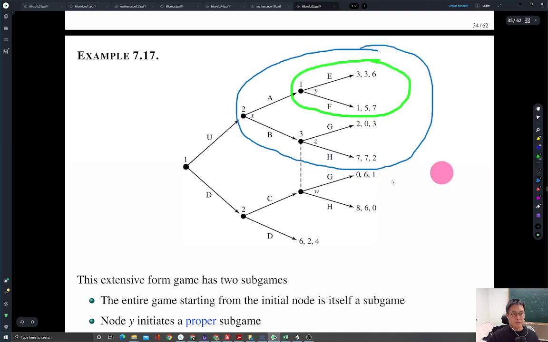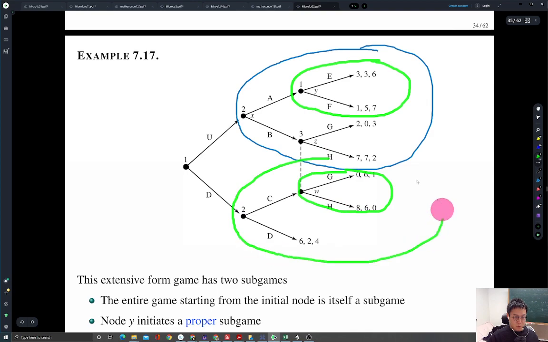And for the same reason, this is not counted as a subgame either. When we take up this portion, we have to cut off this information set. So the other possible subgame is the entire game.